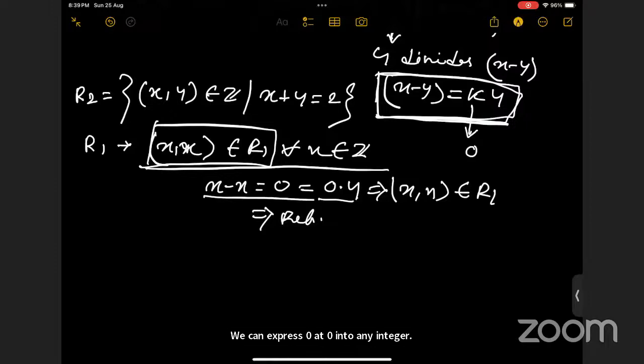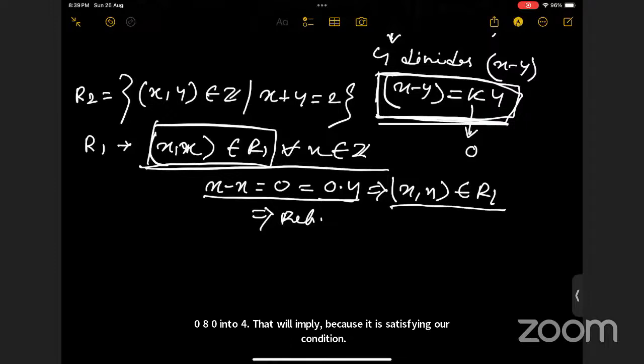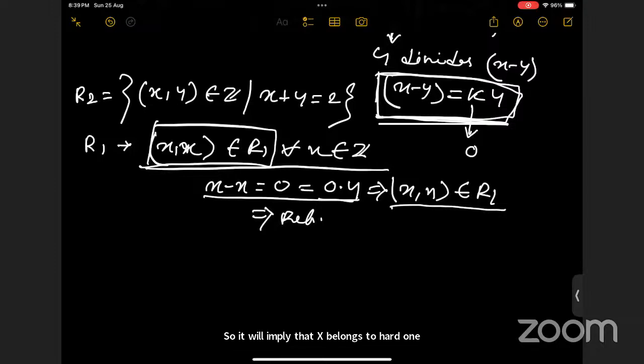So 0 is 0 into 4. Because it is satisfying our condition, it will imply that (x, x) belongs to R1 for every x belongs to Z. From here, we can imply it is reflexive. It's clear to everyone, right? Yes, ma'am.